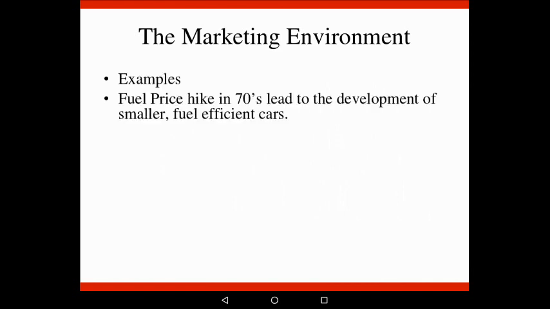Some examples include the fuel price hike in the 1970s, which led to the development of smaller, more fuel-efficient cars. Because fuel skyrocketed in price, people couldn't use big cars that used a lot of fuel anymore, so companies needed to create smaller cars that are more fuel-efficient.